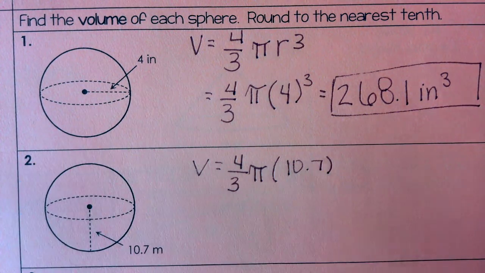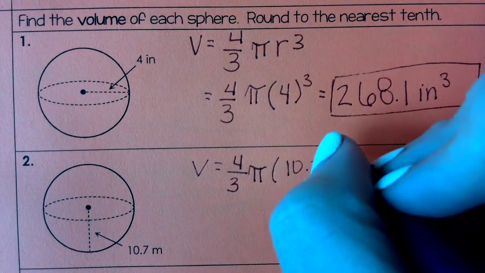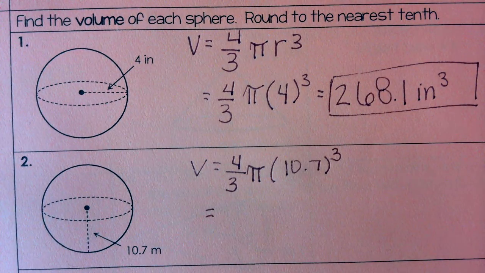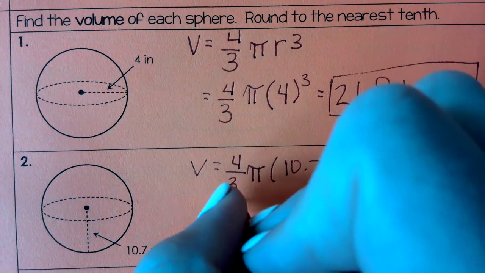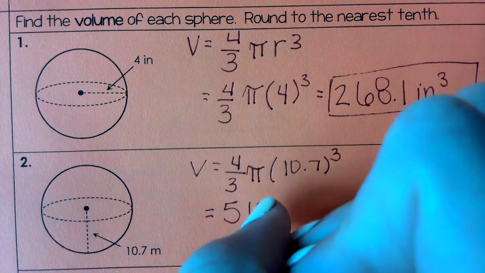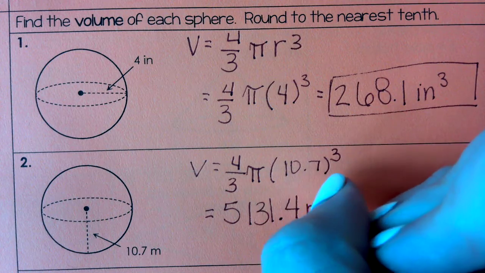It can go diagonal. It's all the points are equidistant from that center. When you type that in your calculator, if you did it correctly, you should have gotten 5,131.4 meters cubed.